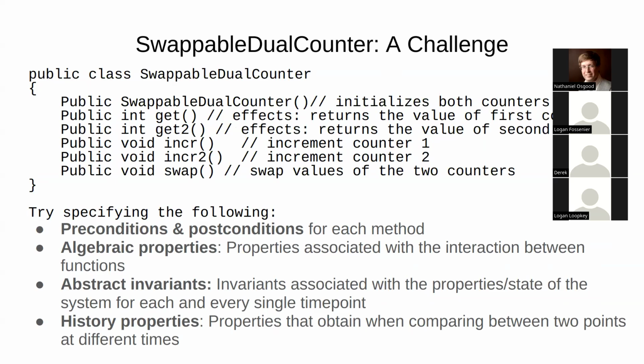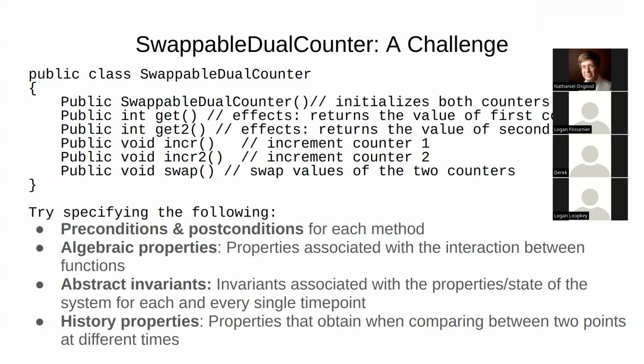Okay, now the plot thickens. Okay, we have fun. Okay, so we have our dual counter, and now we have a swap operation. This swaps the two counters. Okay, preconditions, postconditions.